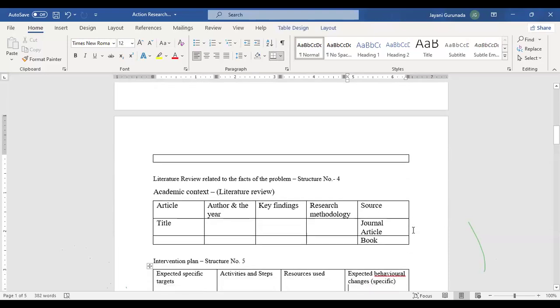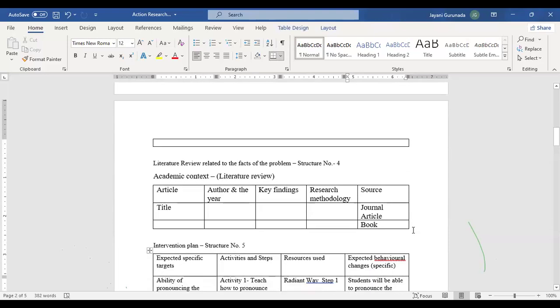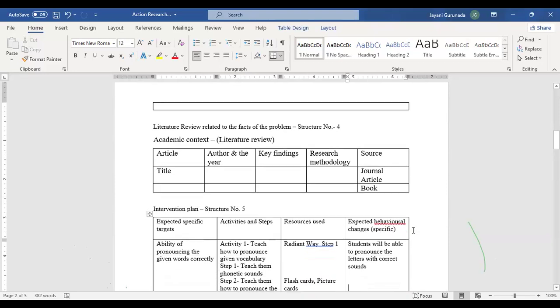Next one, close context. Then literature review; the close context we did, that is the academic context, then literature review. You have to explain what you have identified in those five articles, journal articles, maybe books, whatever it is, right? Then you have to do the intervention plan like this.